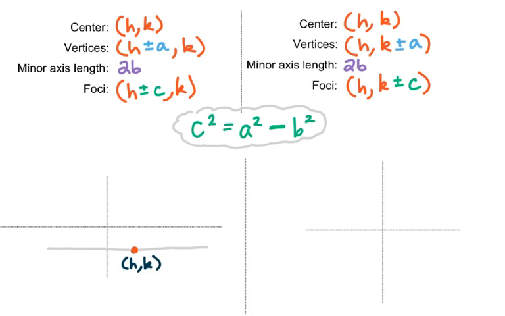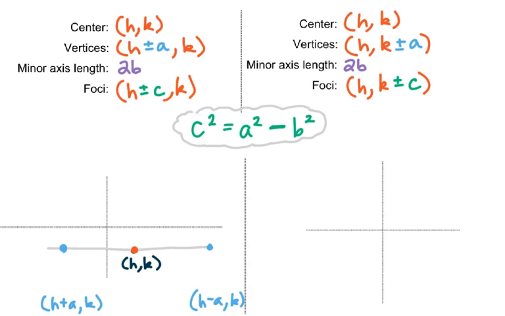Furthest out, we would have a distance a away. So I'm subtracting a to get to the vertex on the left, and I would add a to get to the vertex on the right. Therefore, those ordered pairs are (h plus a, k) and (h minus a, k).